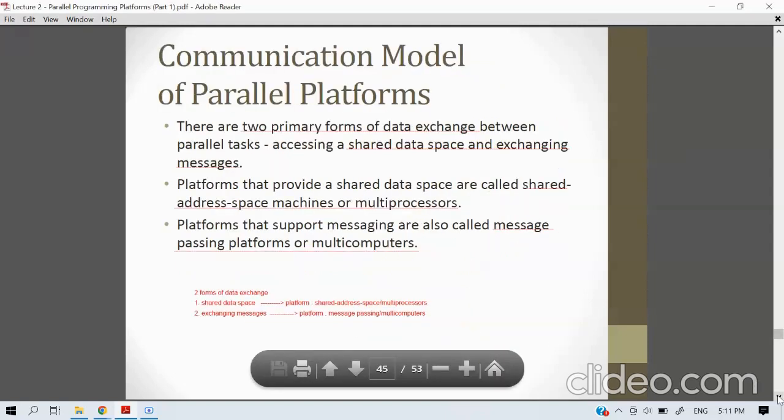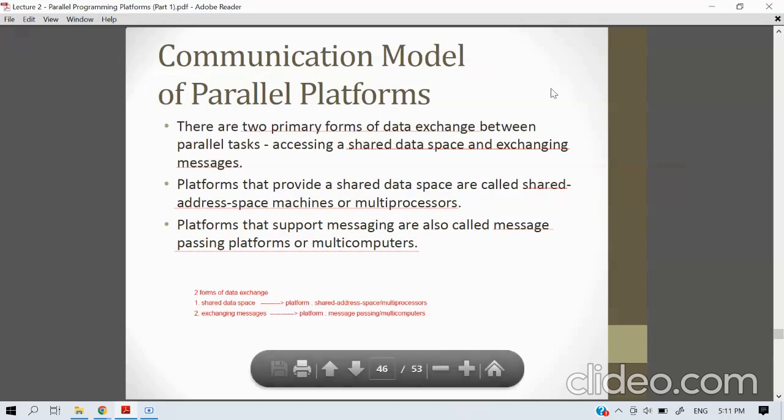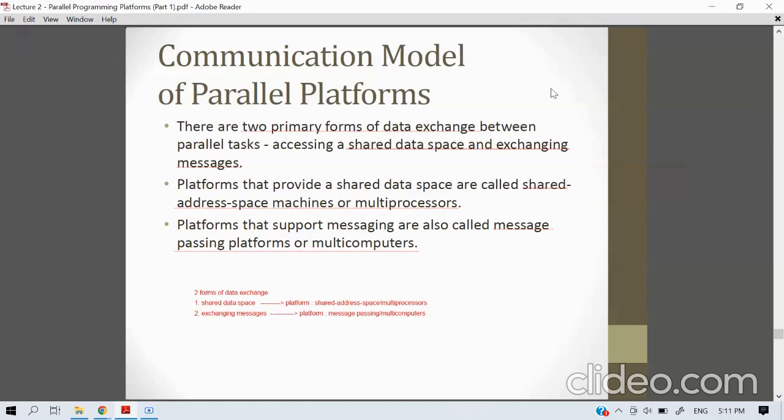Okay, so next, let's move on to the communication model of parallel platforms. In this subtopic, we want to look at the models available for data to communicate between the processes. There are two primary forms to exchange data between parallel tasks: either using a shared data space or exchanging messages.